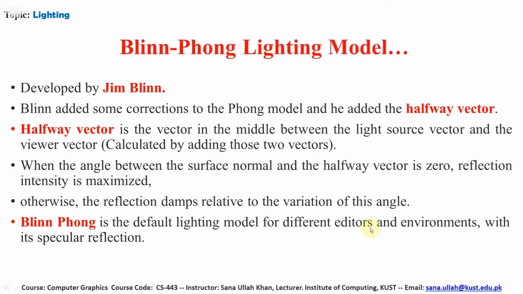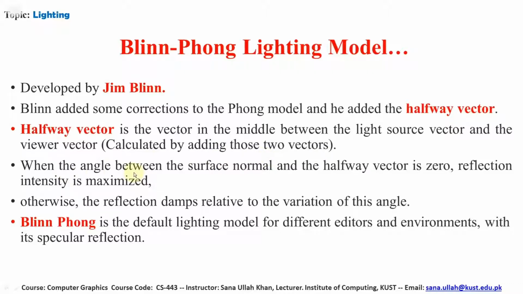The Blinn-Phong lighting model was developed by Jim Blinn. Blinn added some correction to the Phong model, and he added a half vector. So what is meant by half vector? The half vector is the vector in the middle between the light source vector and the viewer vector, calculated by adding those two vectors.